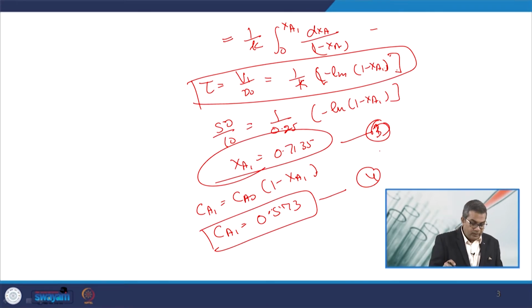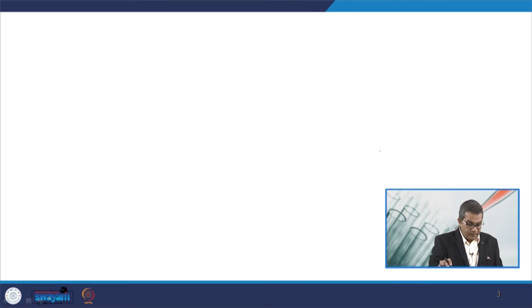Similarly we can find out for plug flow reactor number 2. The exit stream from the first reactor becomes the feed stream to the second reactor with the concentration Ca1. So the initial conversion is Xa1 and the final conversion is Xa2, and Ca1 and Xa1 we have already found out.